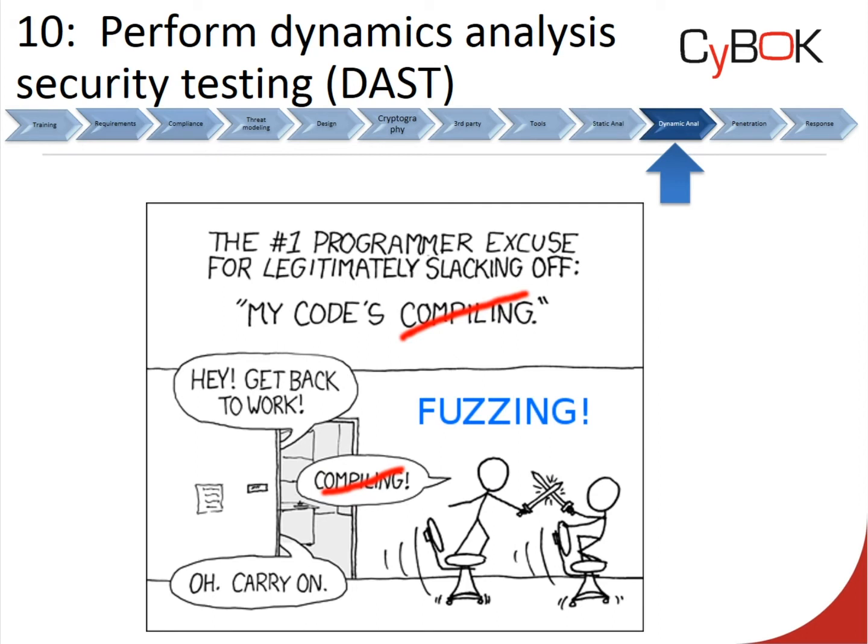Next is perform dynamic analysis security testing. And so this is where dynamic analysis means the code is running. It's been compiled and it's actually running, and tools can look at and run test cases, automatically generate test cases that run from the outside, like a black box. One of the techniques for dynamic analysis is called fuzzing.